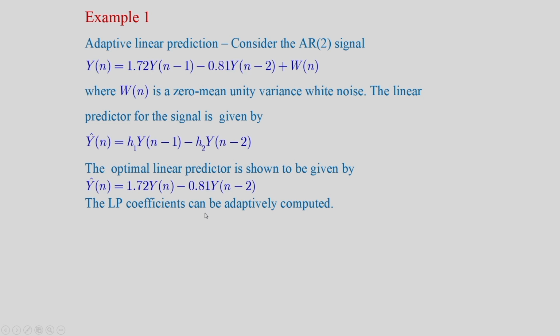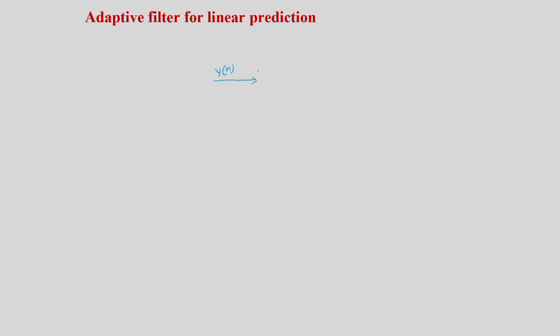Here the LP coefficients are to be computed adaptively. For adaptive filtering, this is my y[n]. For linear prediction, we have to consider the delayed version of the signal. The delayed version of the signal is passed through the two-tap FIR filter for linear prediction, and we get d hat n.